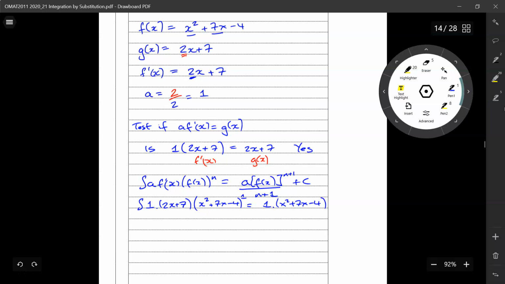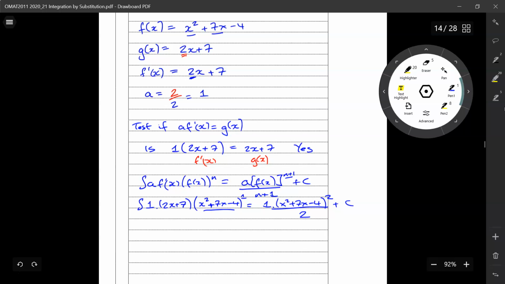Now at the moment the power here is 1, so n plus 1 will give me 2, and then divided by 2. So this quadratic, x squared plus 7x minus 4, is to the power 1, so when you bring it up it comes to the power 2, and you divide by that power.